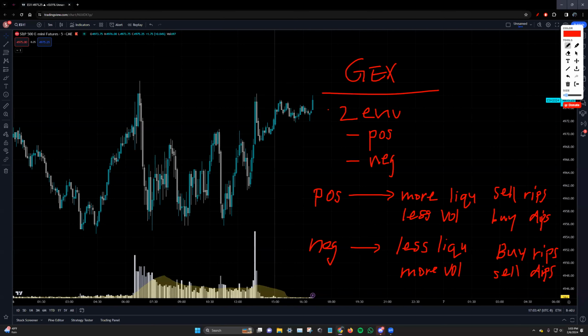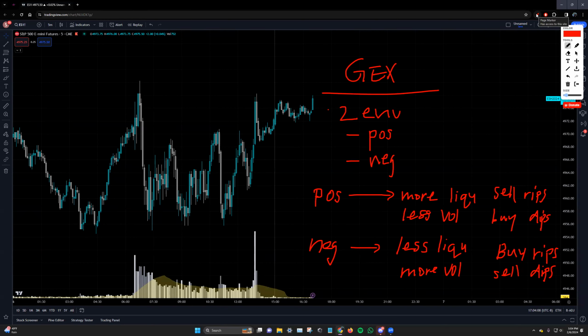Everyone get that so far? Very simple. Make sure you write this stuff down. It's very important in understanding the type of price action you can potentially see during the day. Does anyone need to screenshot this before I erase it all?